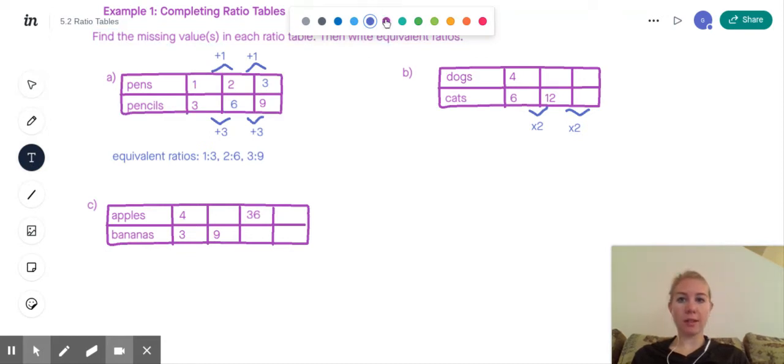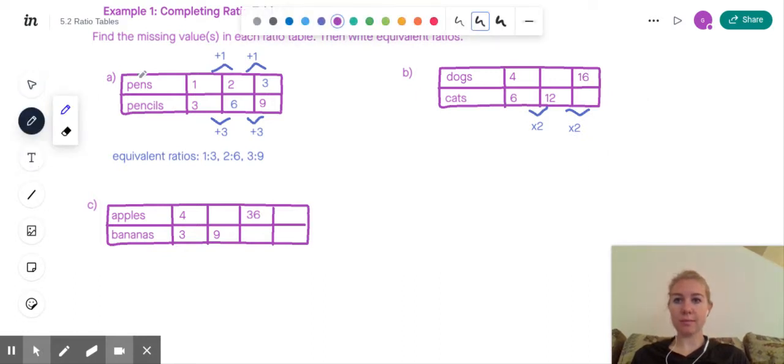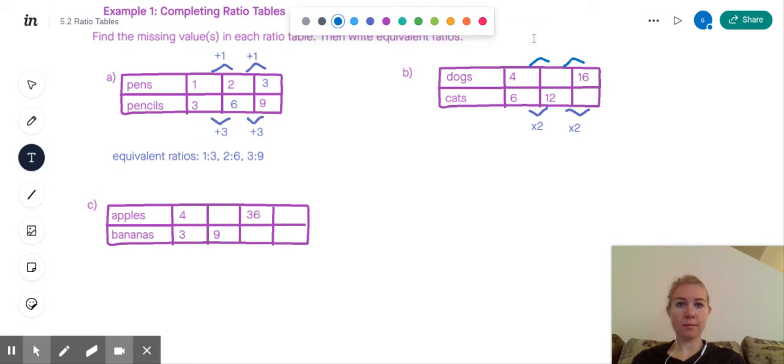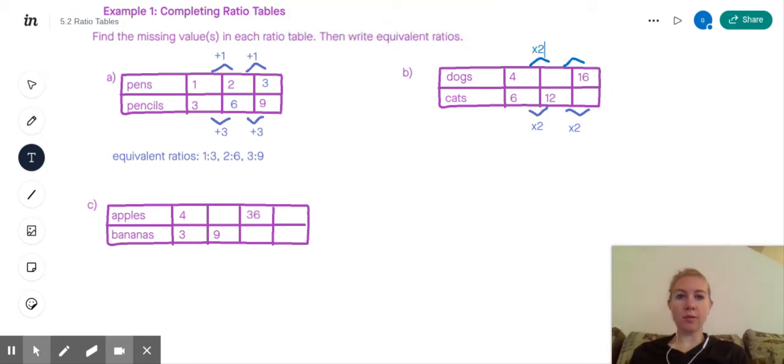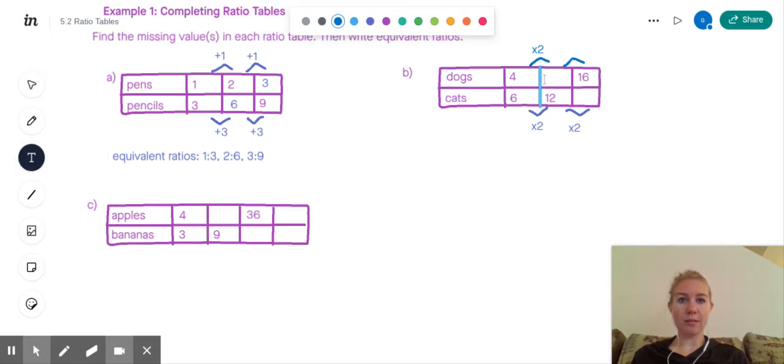Oh, and I forgot, in this problem we were also given this box is 16. Okay, so let's see if that pattern works on top too. Let's see if the top is also times 2. So 4 times 2 is 8.